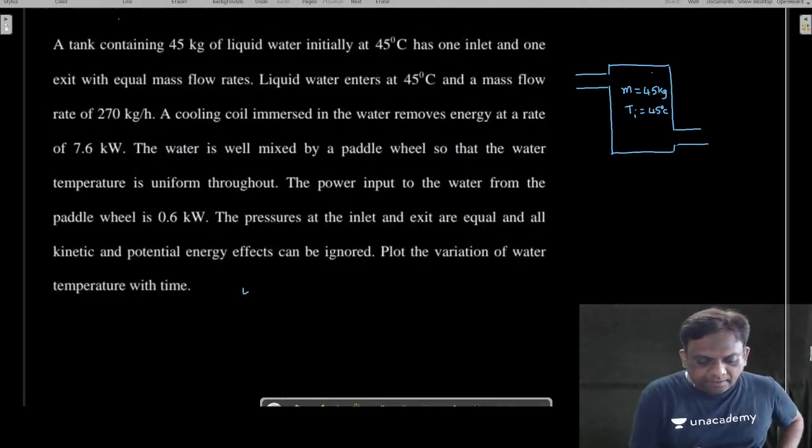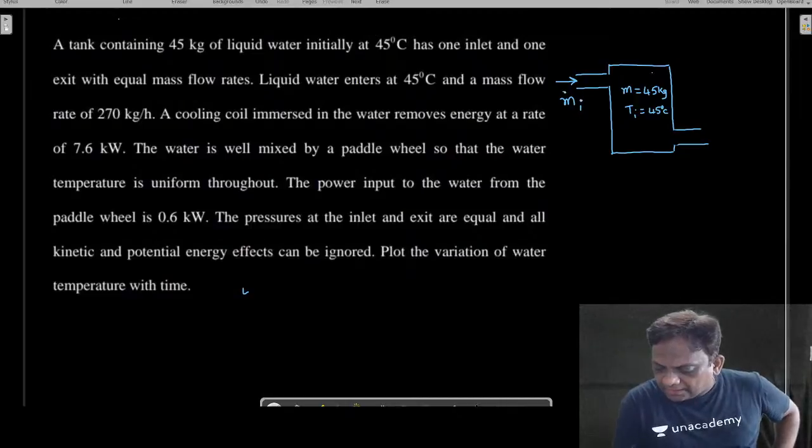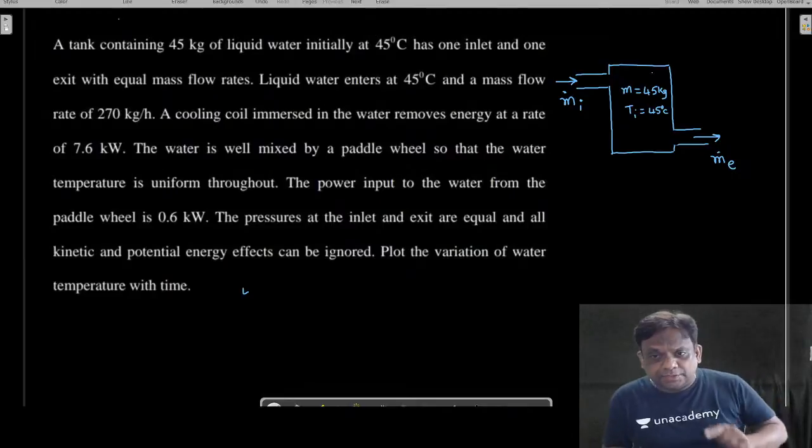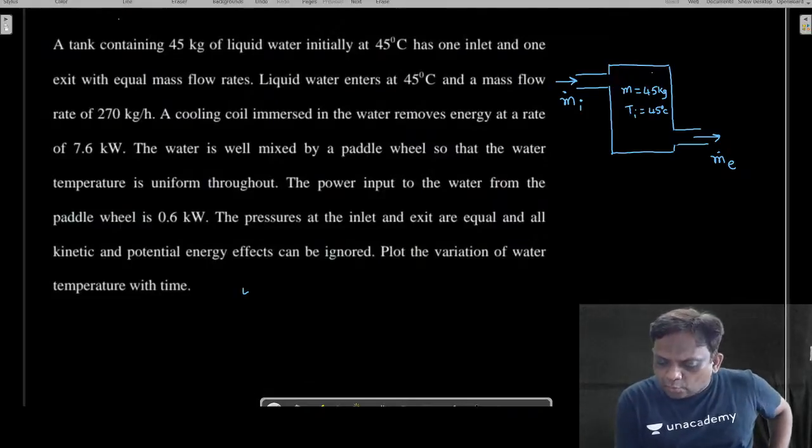With equal flow rates means the fluid is entering here, let me write it as m dot I, and the fluid is leaving here, m dot E. But what did he say, my dear students? With equal flow rates. So whatever mass is entering, the same mass is leaving.